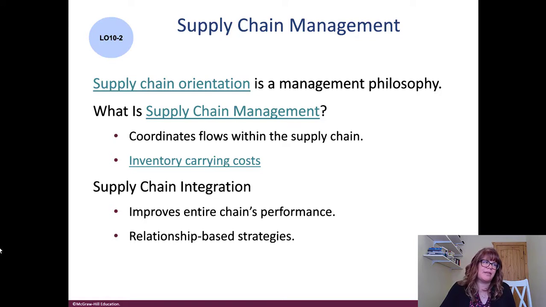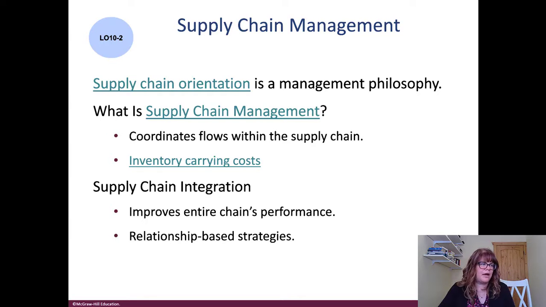Supply chain management decisions often involve trade-offs. Inventory carrying costs are the costs required to make or buy a product. These costs include risk of obsolescence, taxes, insurance, and warehousing space used to store the goods.